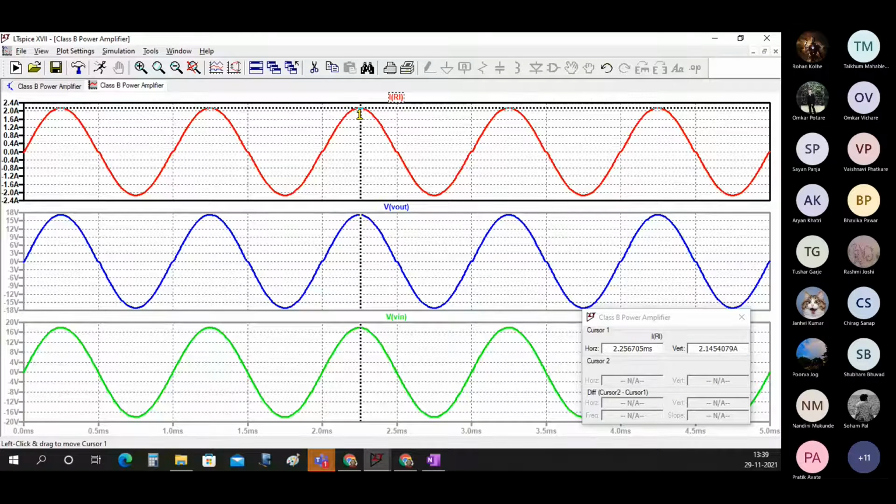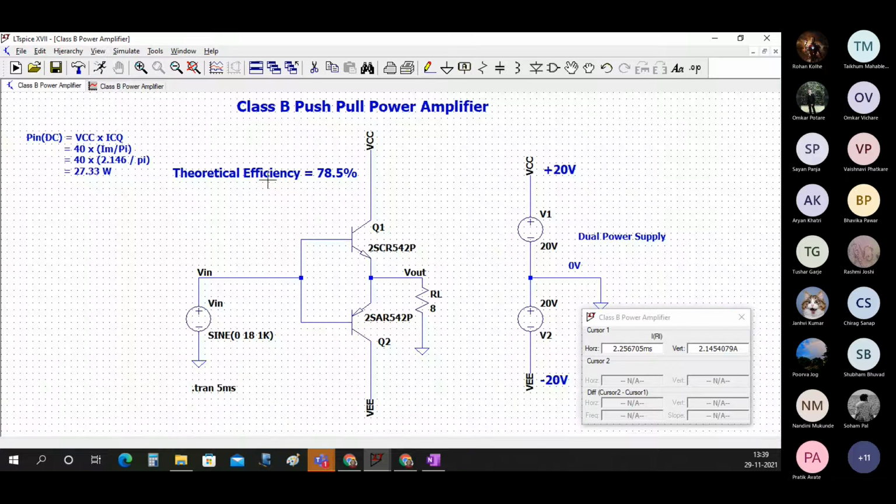There is another way of finding out ICQ, that is by removing V in. We remove V in, which is the AC supply, and we can just measure the value of the current flowing through RL. It should be this much only. But we already know a formula which can tell me the DC value from the AC value.